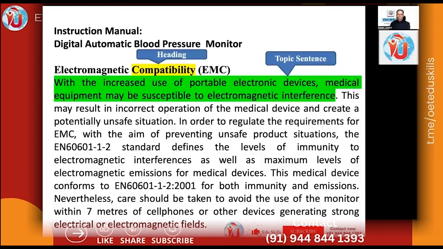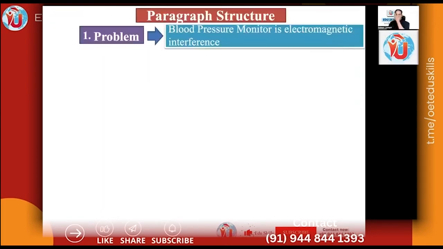This medical device conforms to EN 60601-1-2:2001 for both immunity and emissions. Nevertheless, care should be taken to avoid the use of monitor within 7 meters of cell phones or other devices generating strong electromagnetic fields.